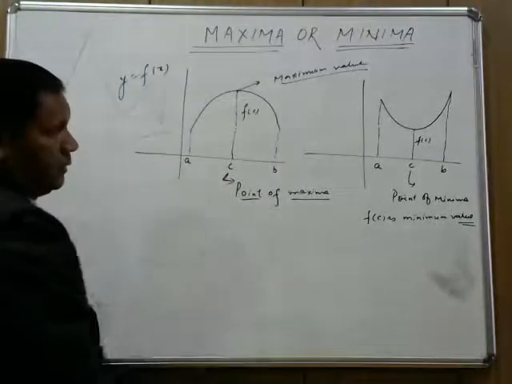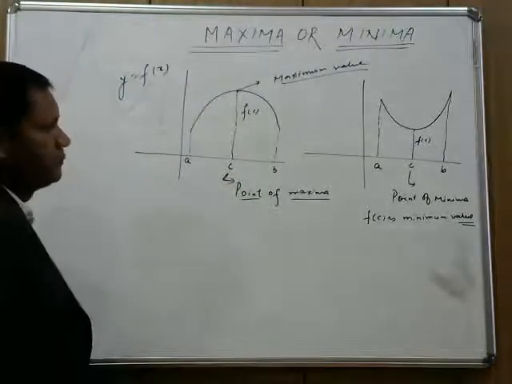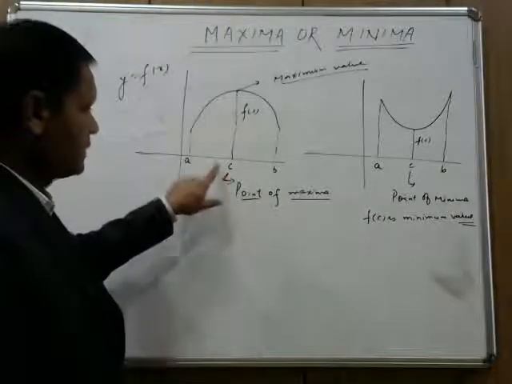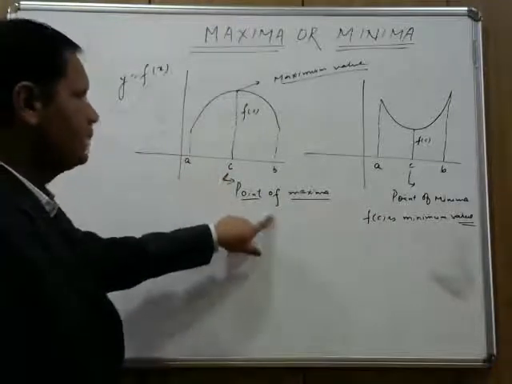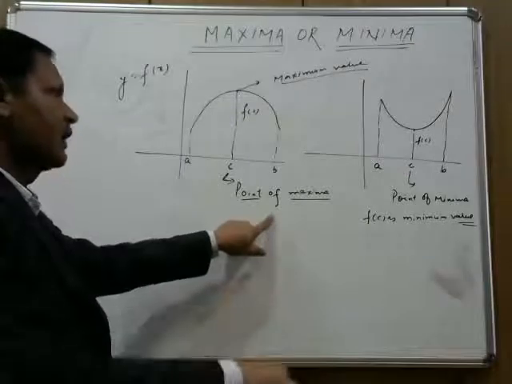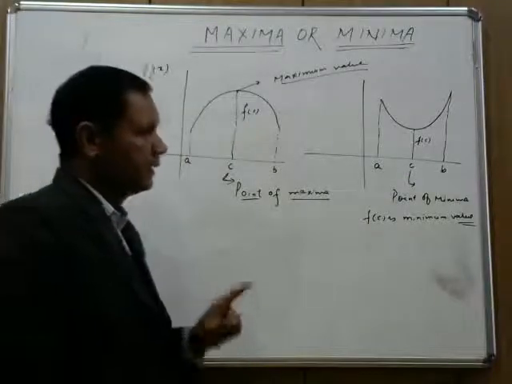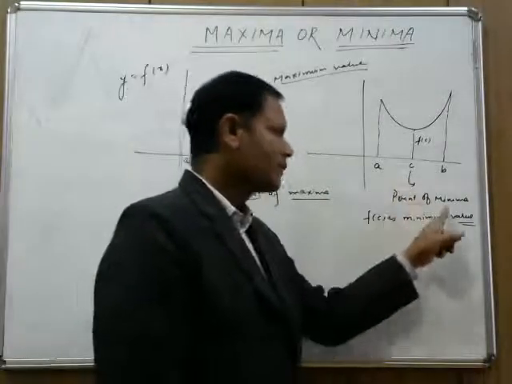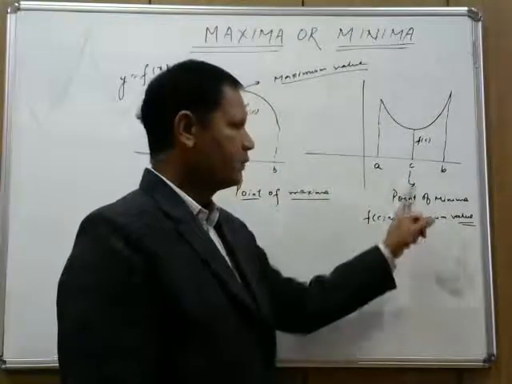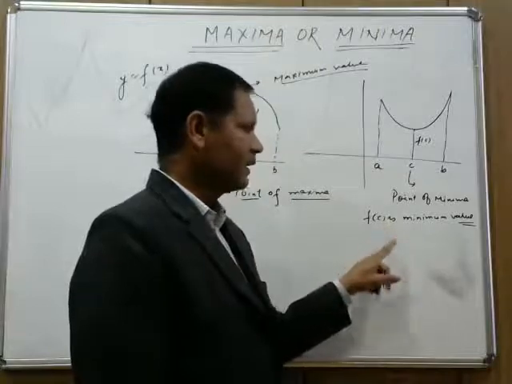That means here for this graph c is the point of maxima and its maximum value attained at c, and that value is f of c. Here c is the point of minima and its minimum value is f of c, which is attained at the point c.